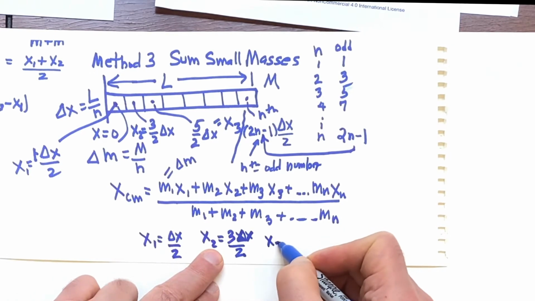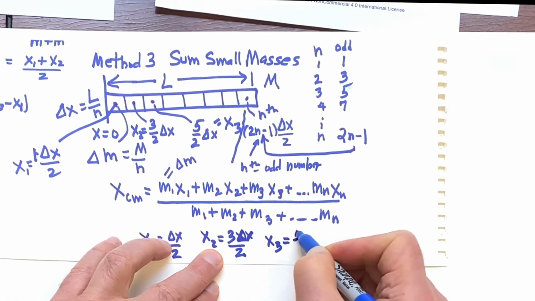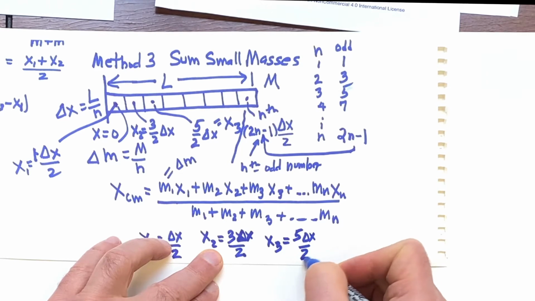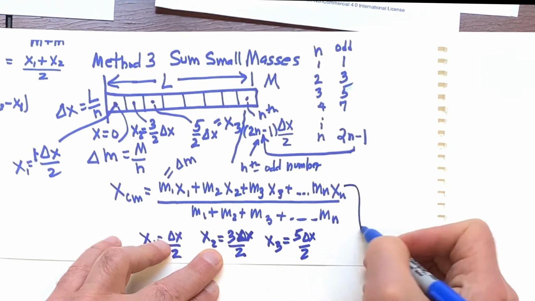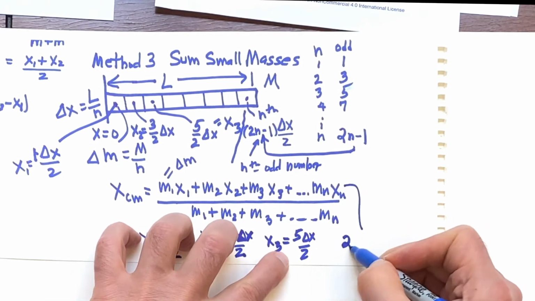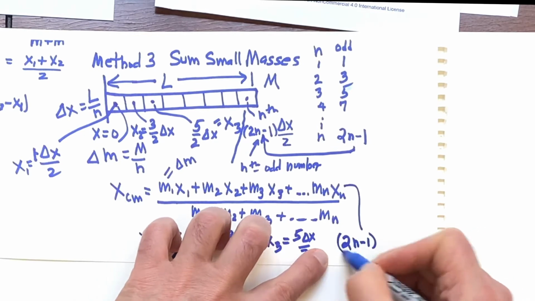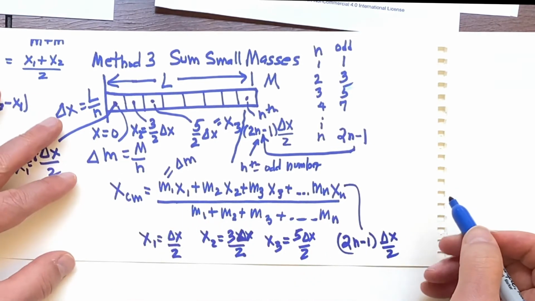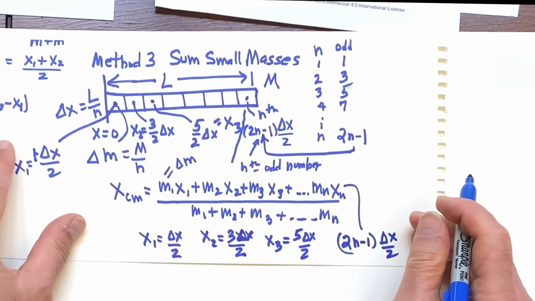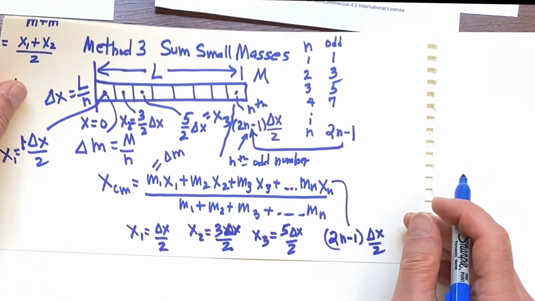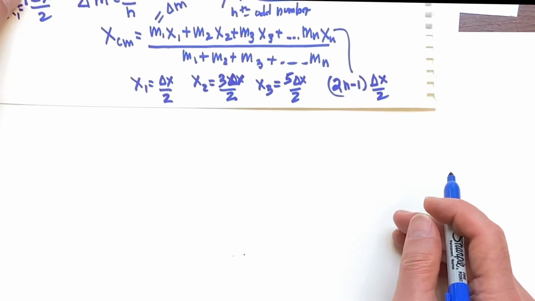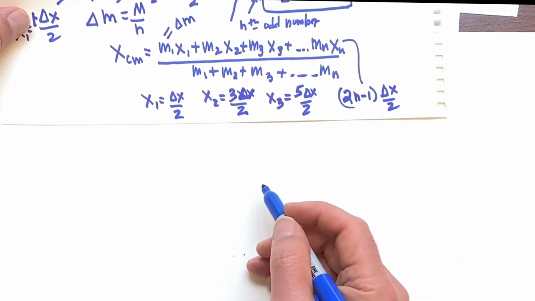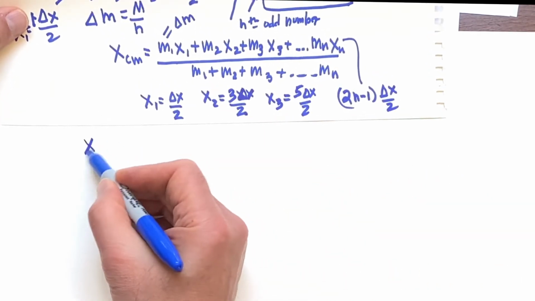And then the third x is 5 delta x over 2. And then the last one here would be 2n minus 1 delta x over 2. So if we do this, we're going to have x_CM.